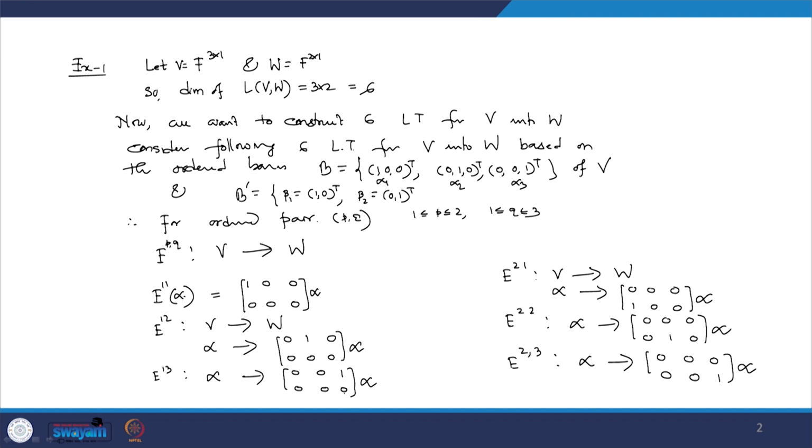So, it has to be E11 operating on alpha 1 equal to beta 1. Let me check, E11 operating on alpha 1 is equal to how much? It is equal to the matrix with rows 1 0 0 and 0 0 0 times (1 0 0), so this is equal to simply (1 0), which means beta 1.